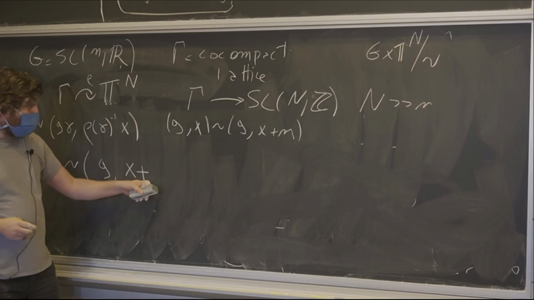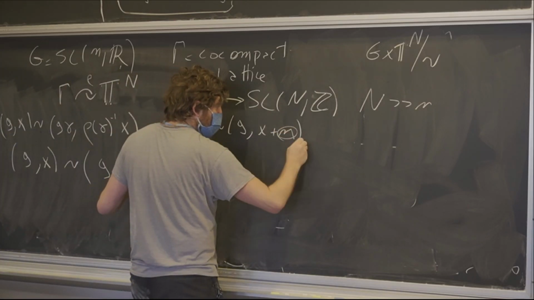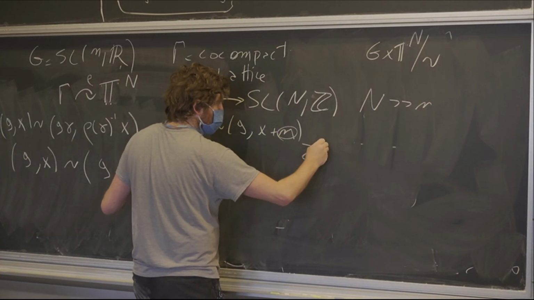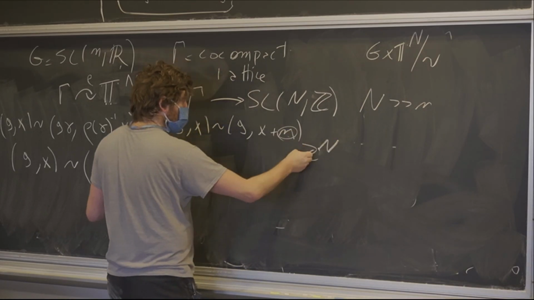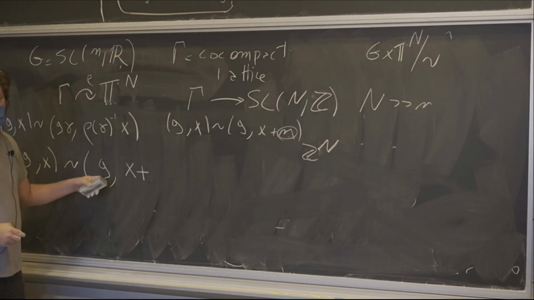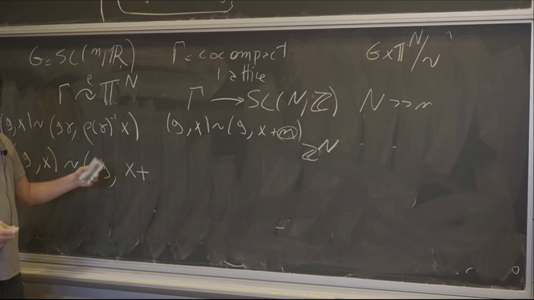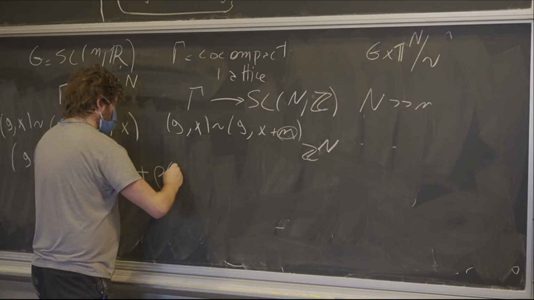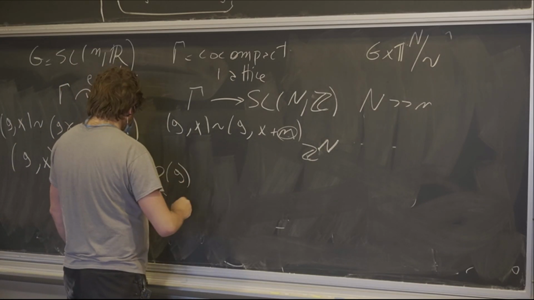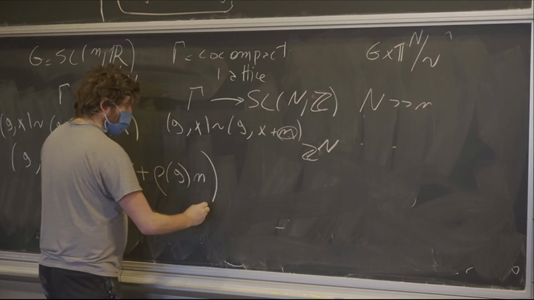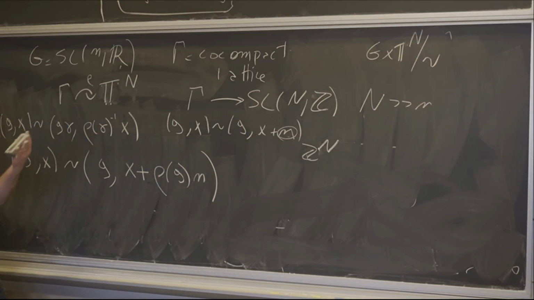But then I have to distort the lattice Z^n here by something depending on G. And the natural thing to do would be rho of G times n. That would be, if you just follow the same construction, what you have to do.